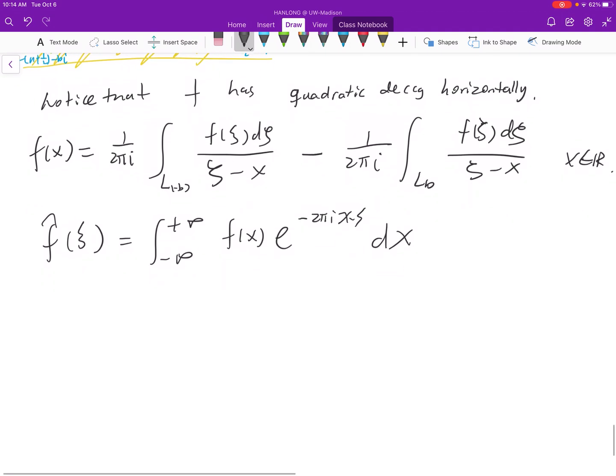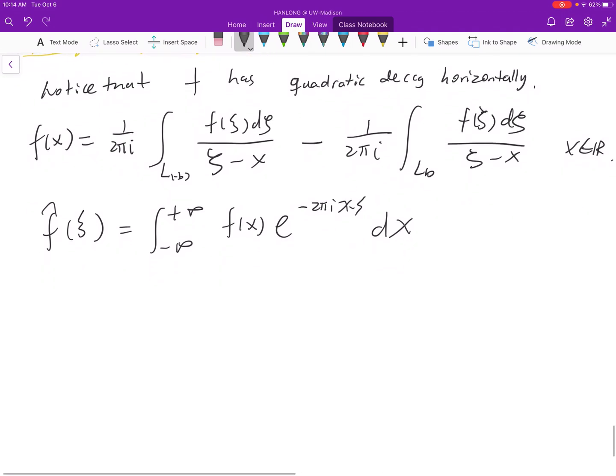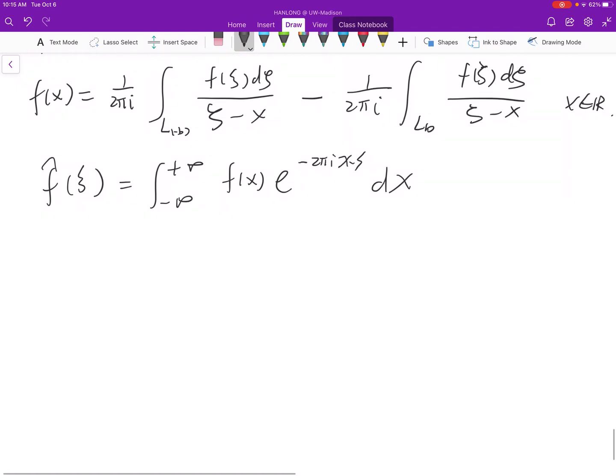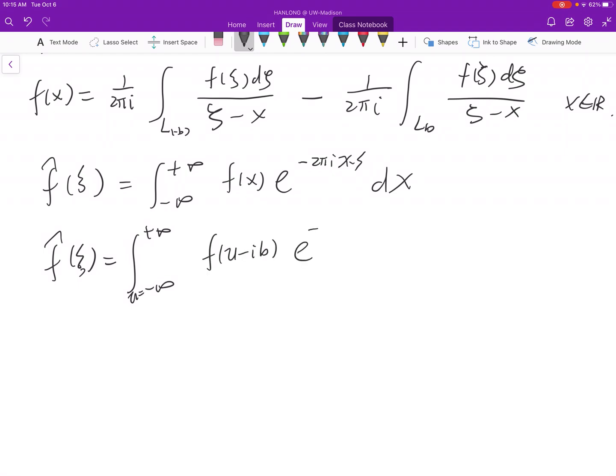And then because of the quadratic decay, here f hat c is the integral for u from negative infinity to positive infinity of f(u minus ib) times exponential negative 2 pi i (u minus ib) c du.